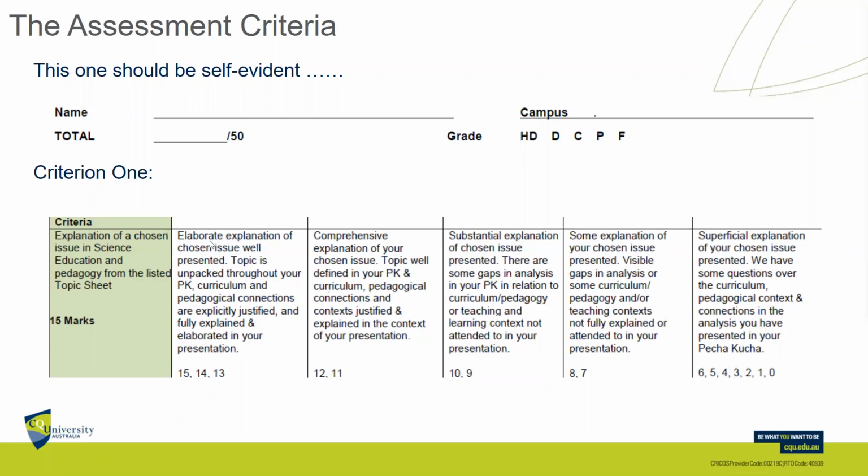Some at the higher end, we can see elaborate explanation of your chosen issue is well presented. So obviously, as we go through the criteria, you're going to have to explain your chosen issue well. So if your issue is engagement, what is engagement exactly? Okay, because in the 5 E's, we could think it's the first step, but actually it's not. In the 5 E's model, engagement pretty quickly morphs into motivation.